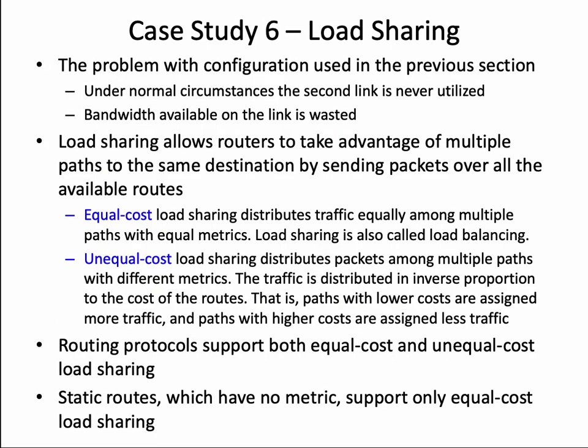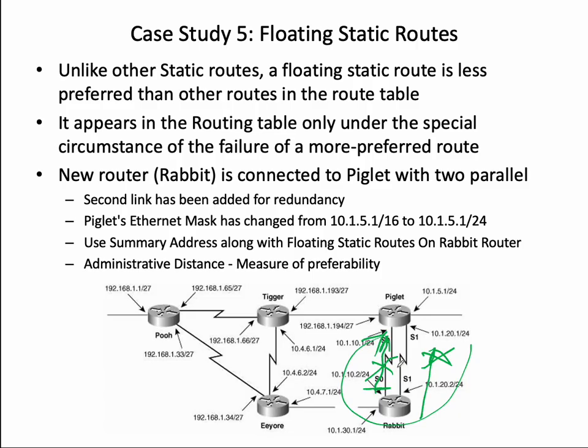But now how can we do it better, and how can we better utilize this bandwidth, right? In the current situation, you have two links, but you are only using one link, right? So it's a full wastage of one link, because you are not utilizing both links at the same time.